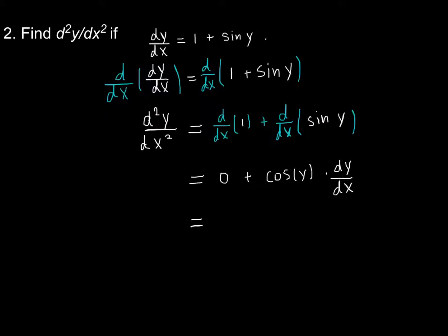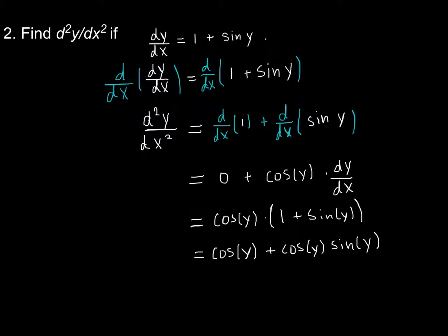So this is going to be equal to cosine of y times the derivative of y with respect to x, which is exactly 1 plus sine of y. All right? And so this is the second derivative. And if I wanted to, I could multiply this in to be cosine y plus cosine y times sine y. And this would be the second derivative of y with respect to x.